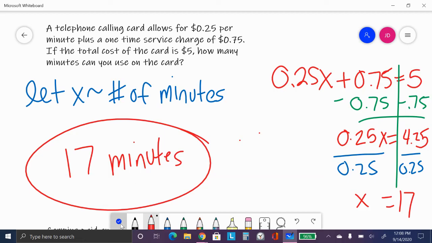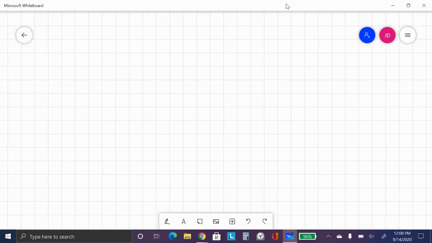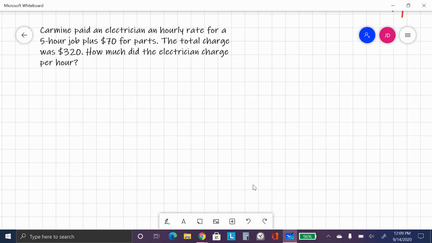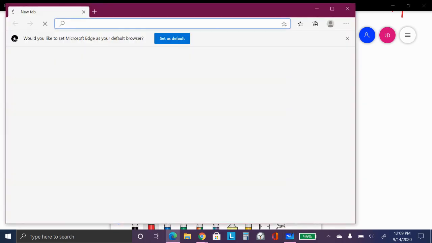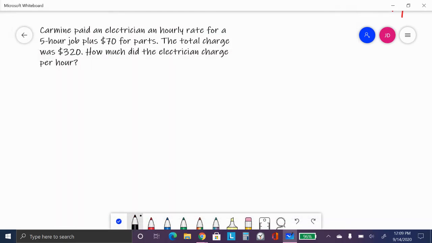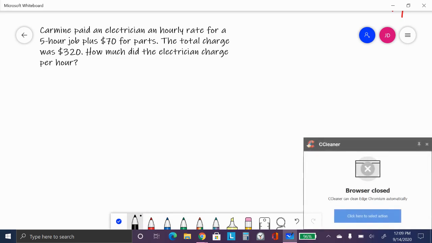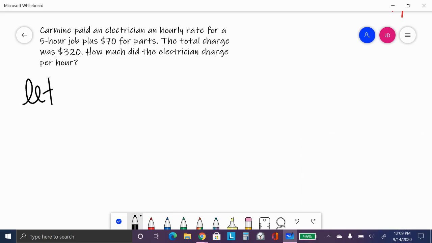All right, I think we have one more. Nope, just one more. Carmine paid an electrician an hourly rate for a 5-hour job plus $70 for parts. The total charge was $320. How much did the electrician charge per hour? So we're trying to find X, the number of hours.